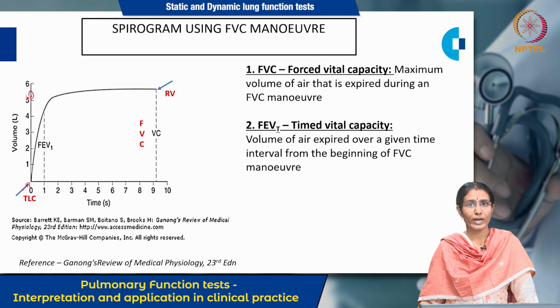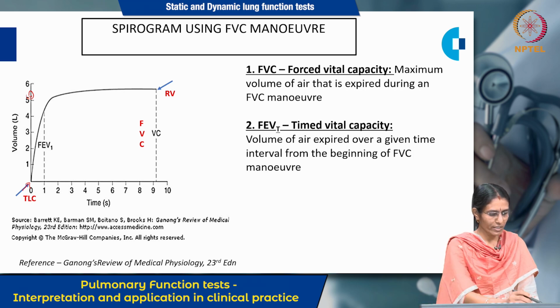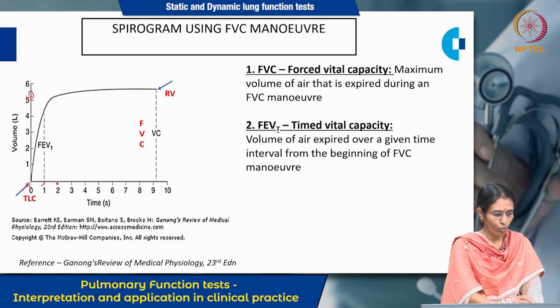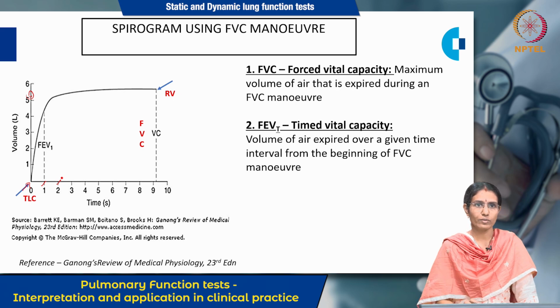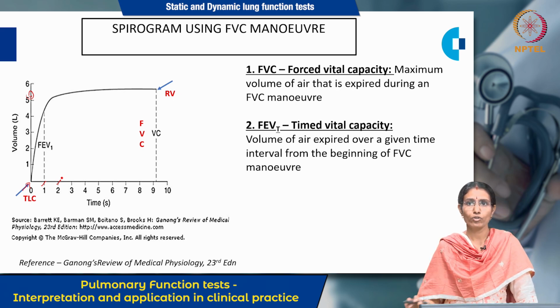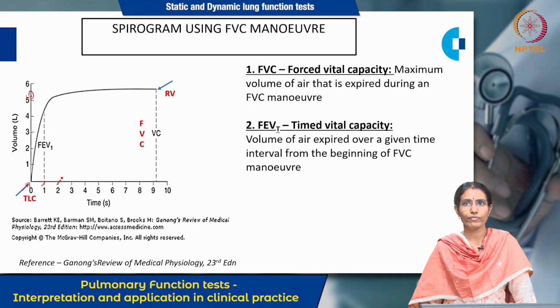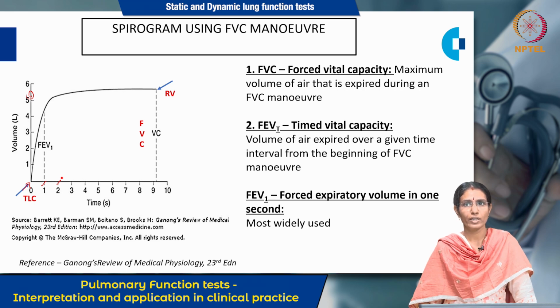And timed vital capacity can be obtained. What is timed vital capacity? Per unit time, so for 1 second, what is the volume expired? In 2 seconds, what is the volume expired? That can be calculated. The volume of air which is expired over a given time interval from the beginning of the FVC maneuver is the timed vital capacity. Of the timed vital capacity values, FEV1 is the most widely used value.